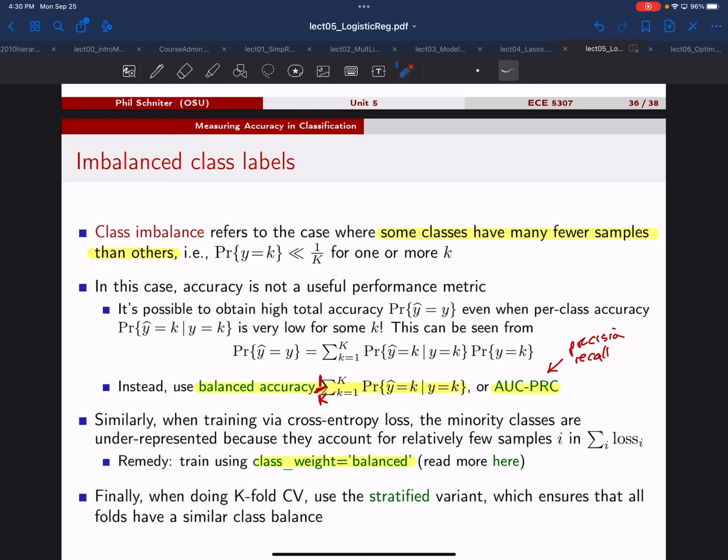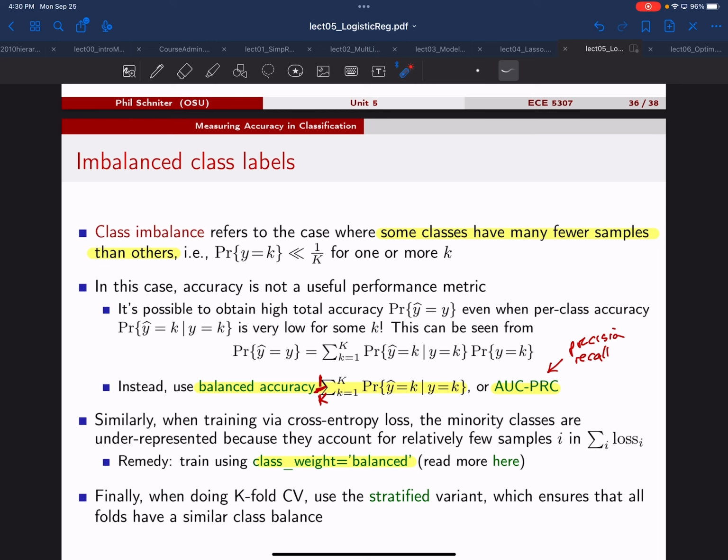Okay, and there's one more thing to think about, which is k-fold cross-validation. Let's say you're doing k equals 10-fold cross-validation, and for simplicity, your data set has 90% majority samples and 10% minority samples.